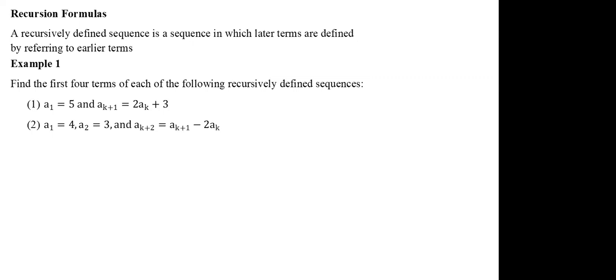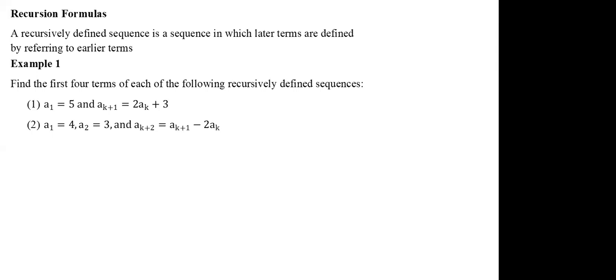A recursion formula is that you are going to be given a particular sequence or a particular term together with a general term that defines other terms. Do you understand? In our previous studies, we have studied how to generate a sequence, and how to generate a general term.